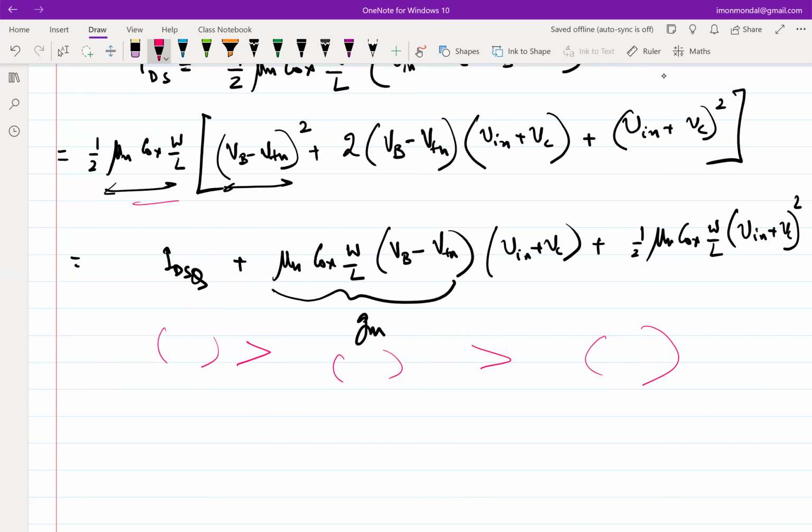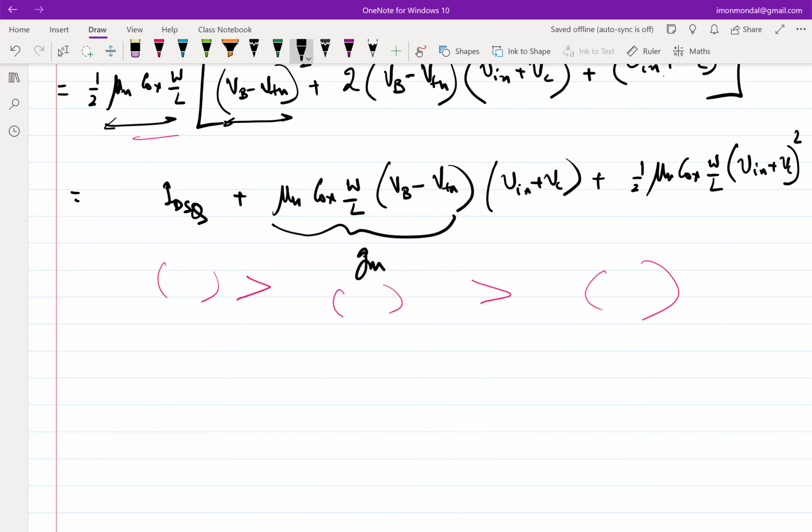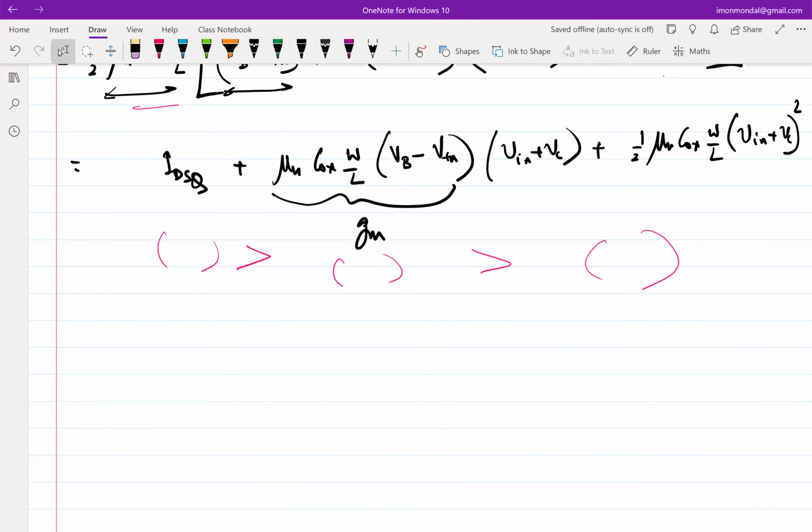Now, in order to translate in frequency, which term do you want to be the strongest? The last one, right? Because the last one gives you the frequency translation.